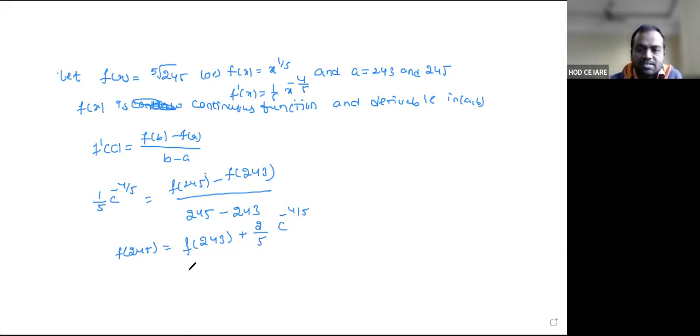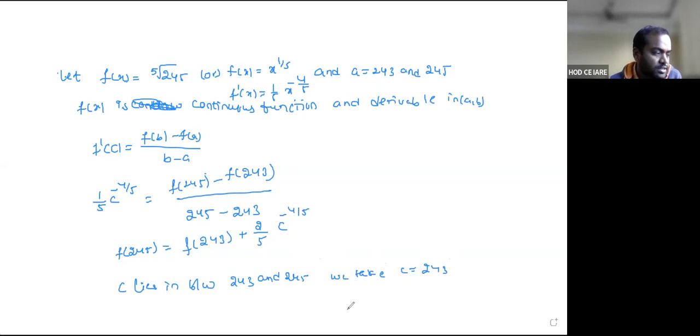So c lies in between 243 and 245, and we take c is equal to 243.